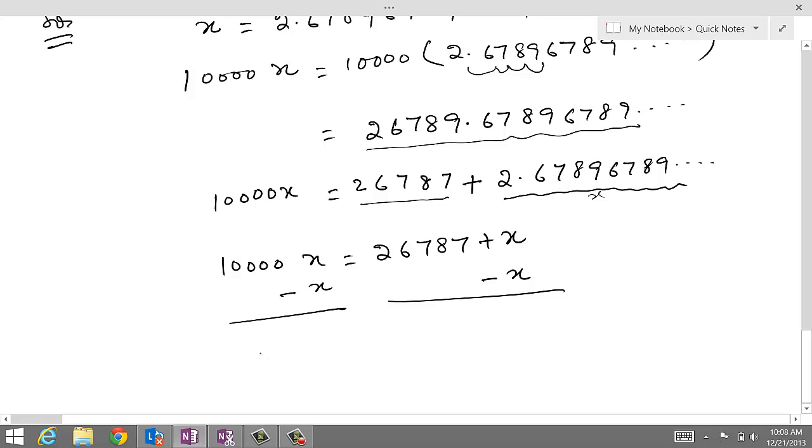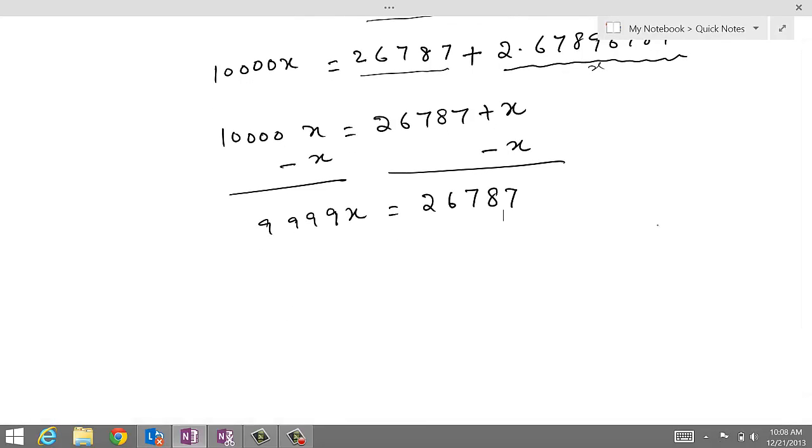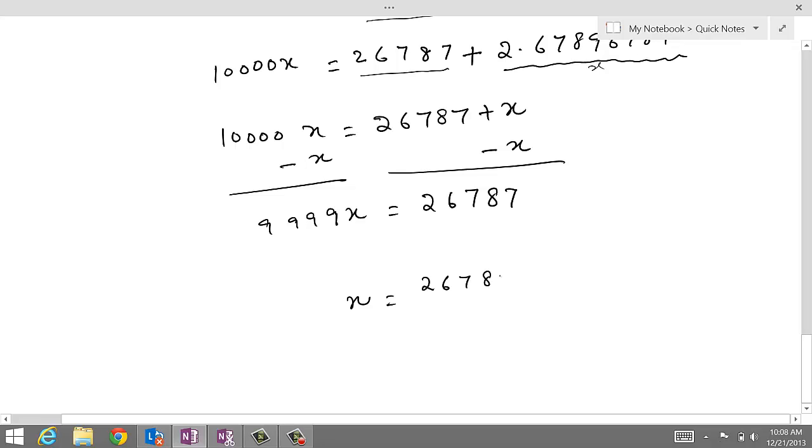This leaves us 9,999x equal to 26787. What is the value of x? x is equal to 26787 divided by 9999. Of course, the numerator is an integer, the denominator is an integer, and the denominator is not equal to 0, so we can comfortably call it a rational number.